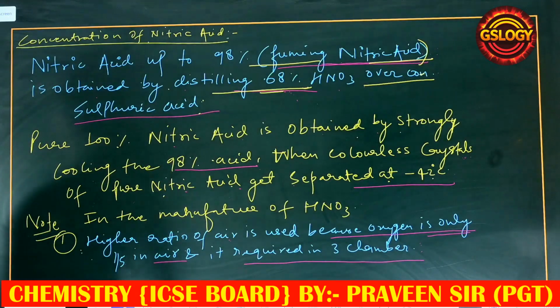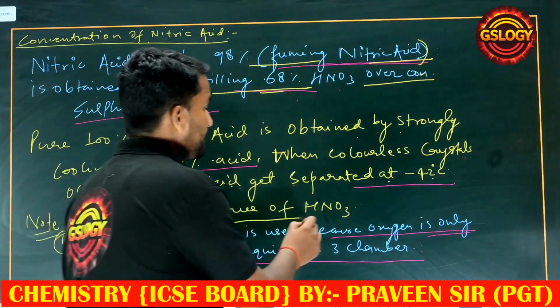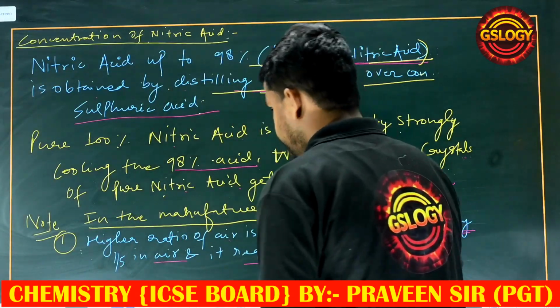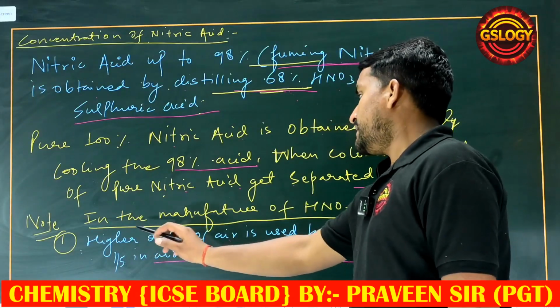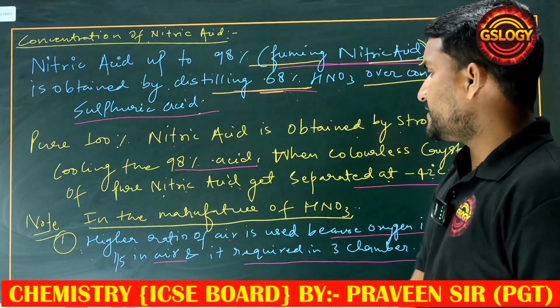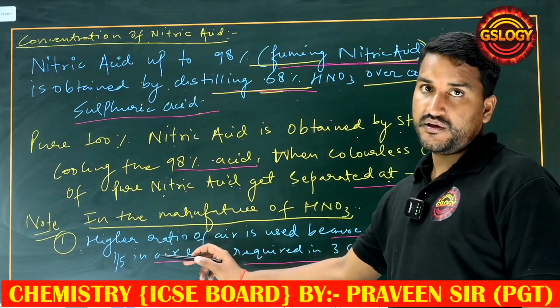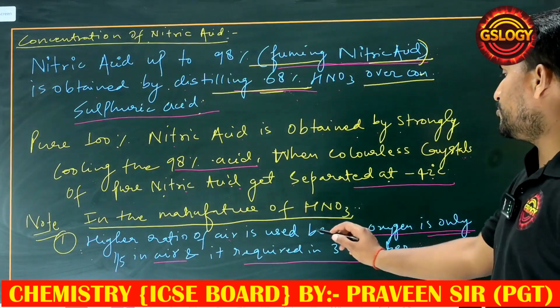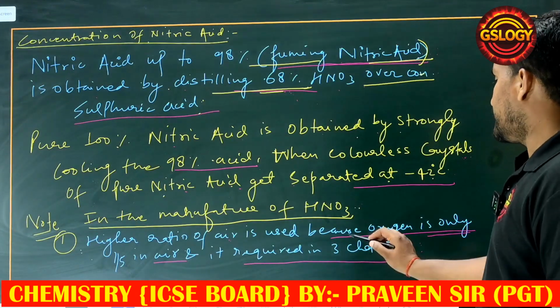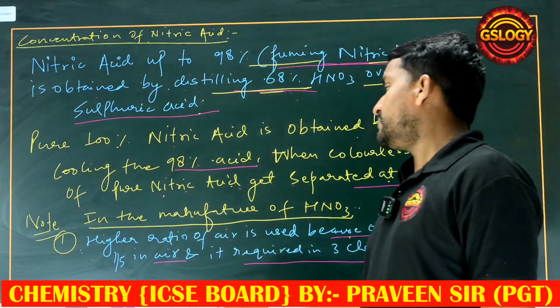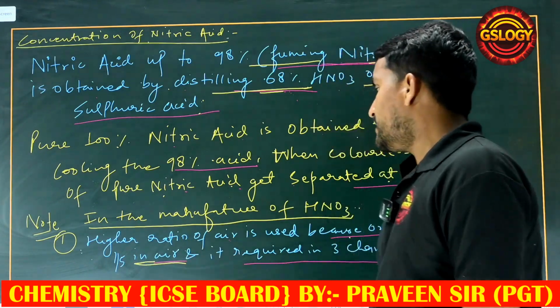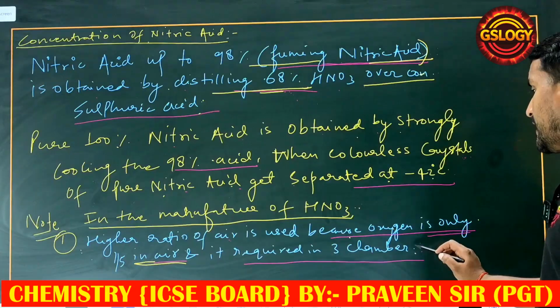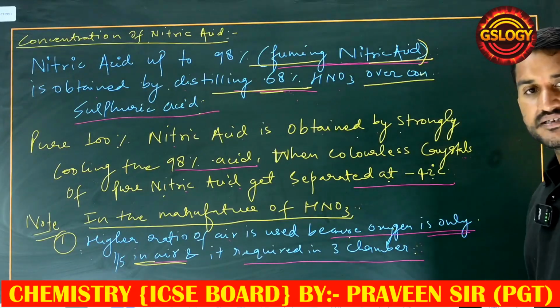In the manufacture of nitric acid, a higher ratio of air is used in this process, because oxygen is only 1/5 of air, and it is required in the chamber.